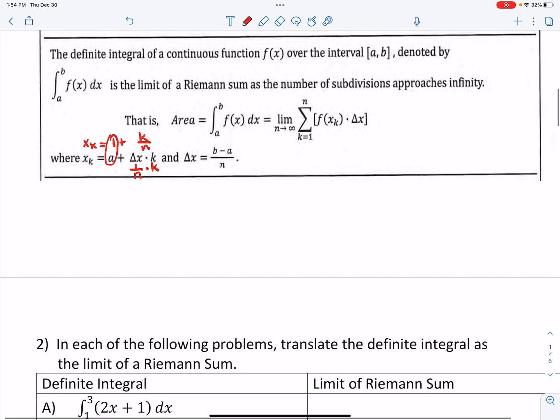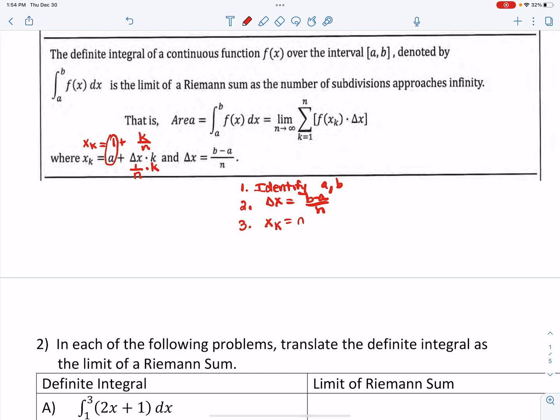We always begin, first we have to identify a and b. And then once we do that, we can find our delta x. Once we get our delta x, we can identify our x sub k as a plus k times the delta x.